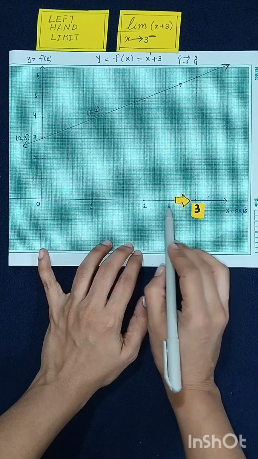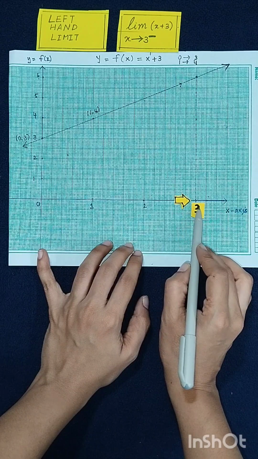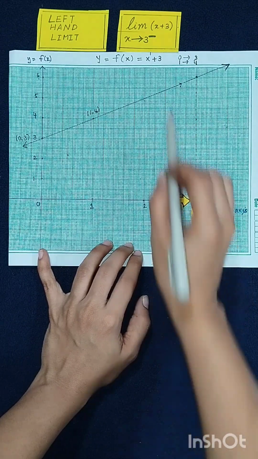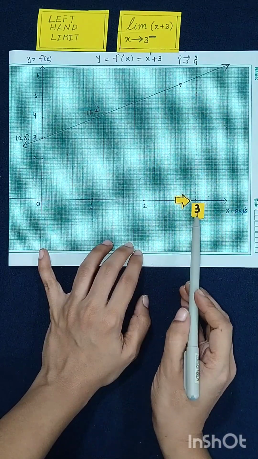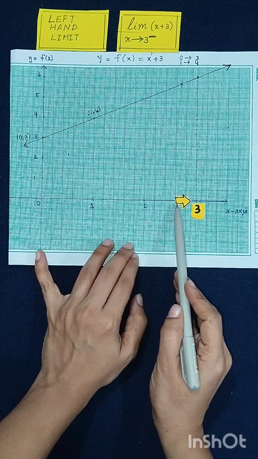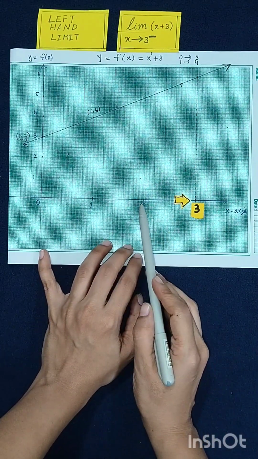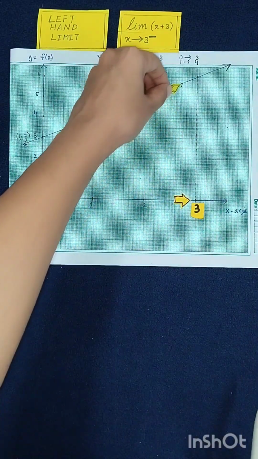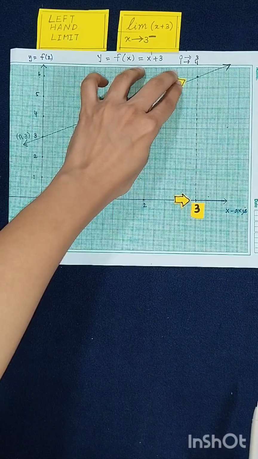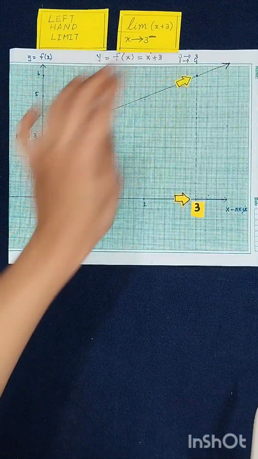All these numbers you will find to the left of 3. So when I say x approaches 3 minus, that means I am approaching 3 from the left. And when I am approaching 3 from the left, I have to check what values I get on the y-axis, the functional values.